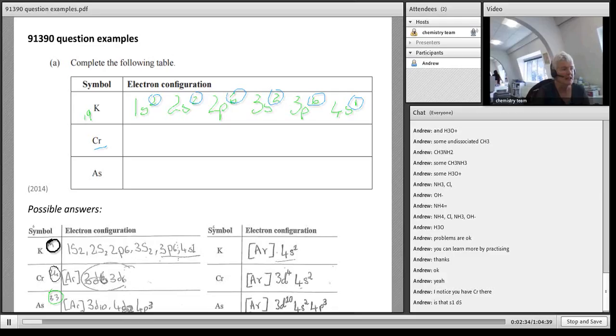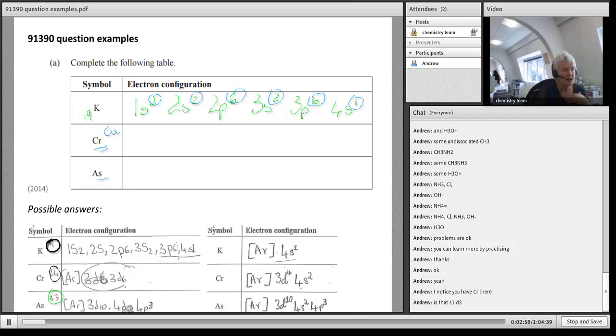So here they've got chromium, which is one of the exceptions. So the 2 exceptions, remember, are copper and chromium. And you're quite correct, so I'm not going to put that down. It's the 4s1 3d5. And then there's astatine. This one goes further on. It goes into the 4p, so it's just to check.